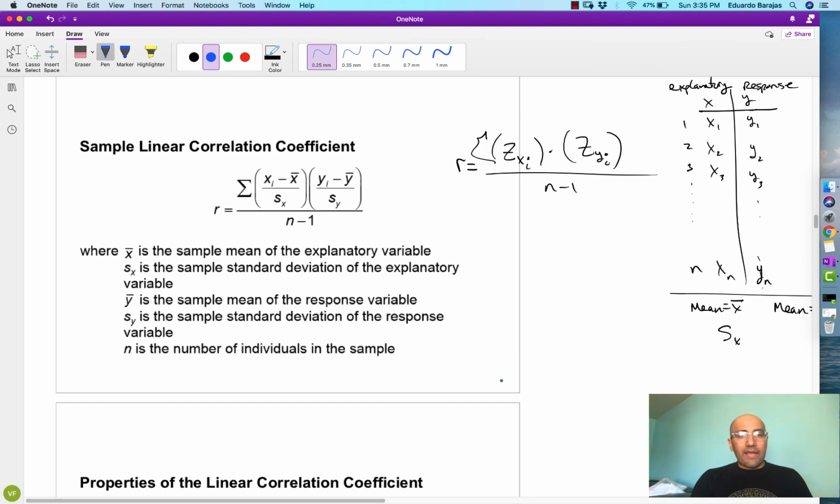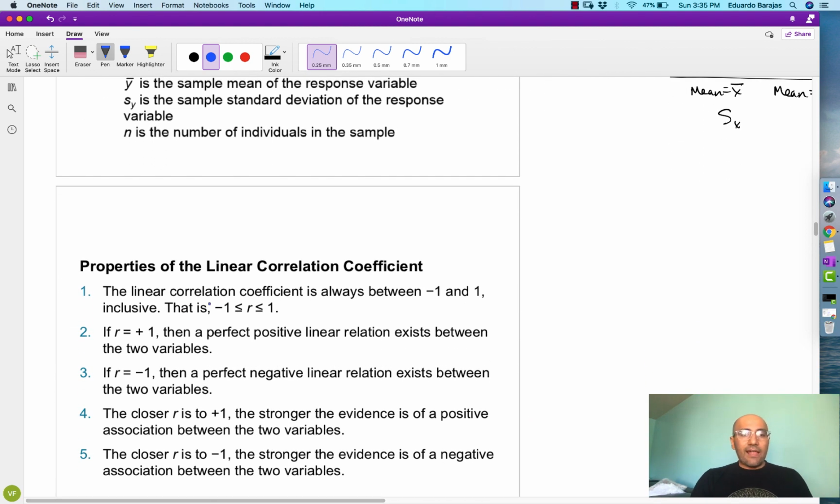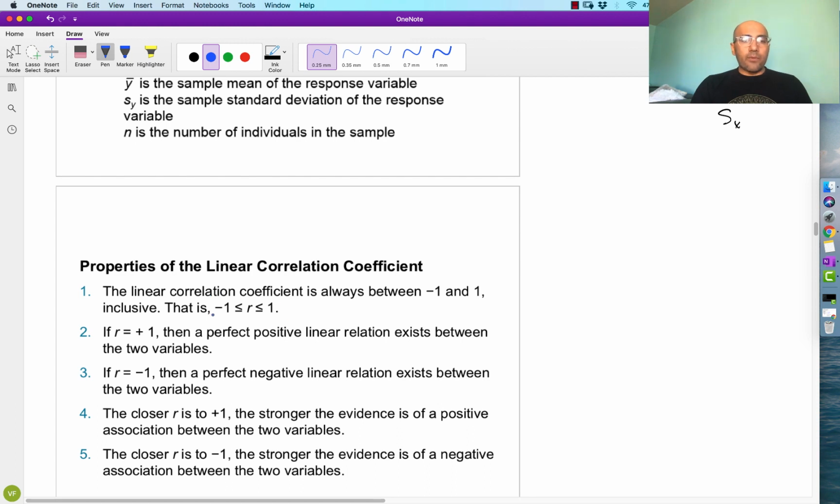Okay, but let's skip that for a minute and just think about, what is this r value? Once you calculate this whole thing, the value r will always be a number between -1 and +1 inclusive. It could never be anything else. If you get an r value that's different from that, you did something wrong. So here on the number line, we have +1, and over here we have -1. r is going to be a number somewhere in there. After your whole calculation of z-score 1, z-score 2, the whole thing, you're going to get something in here.